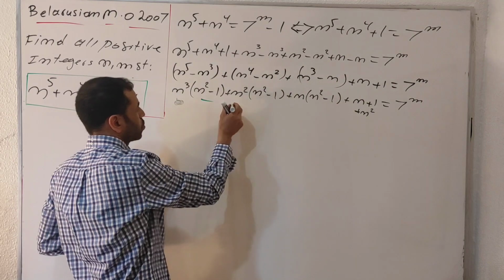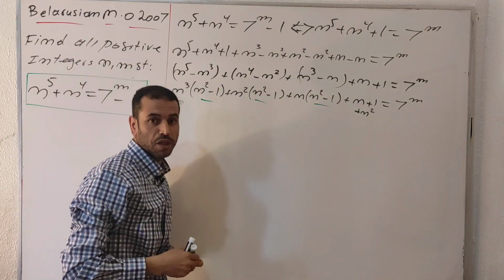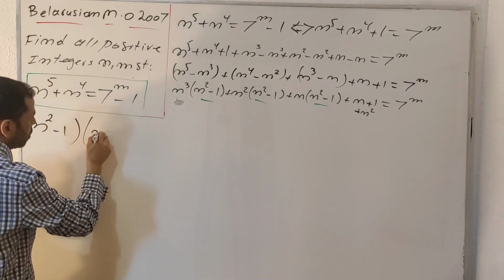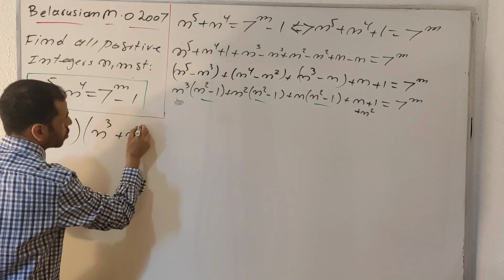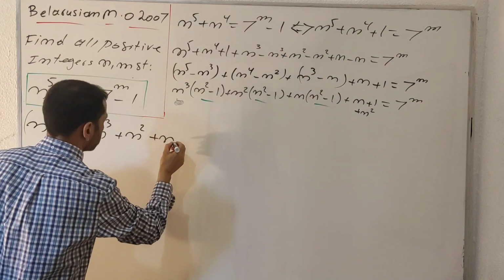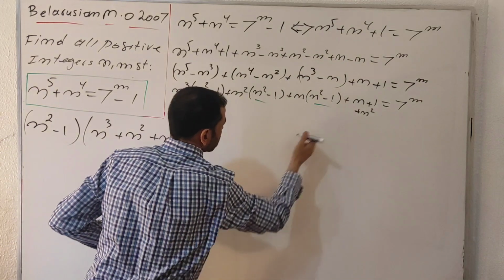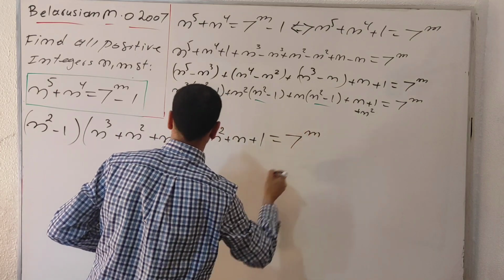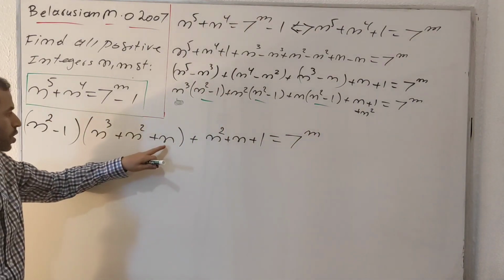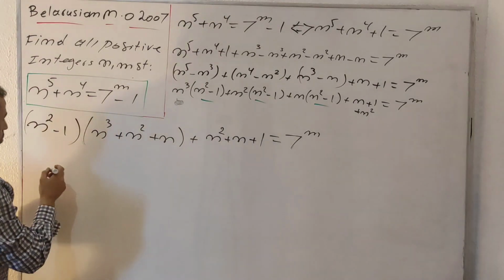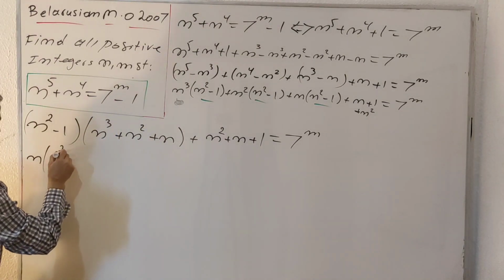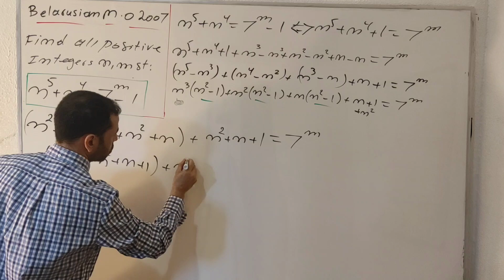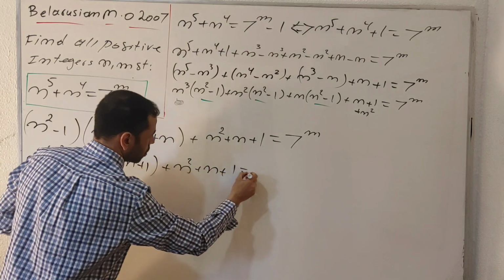Now n squared minus 1 is a common factor, so we have n squared minus 1 times n cubed plus n squared plus n, plus the other terms, which are n squared plus n plus 1, equals 7 to the m. Taking n out of the parenthesis, we get n times n squared minus 1 times n squared plus n plus 1, plus n squared plus n plus 1, equals 7 to the m.